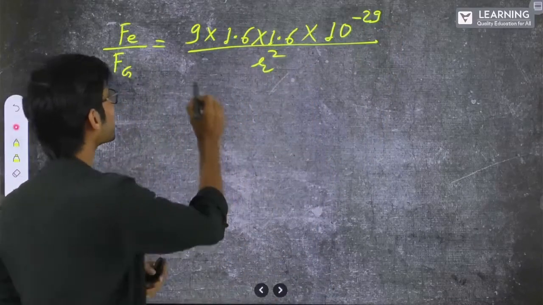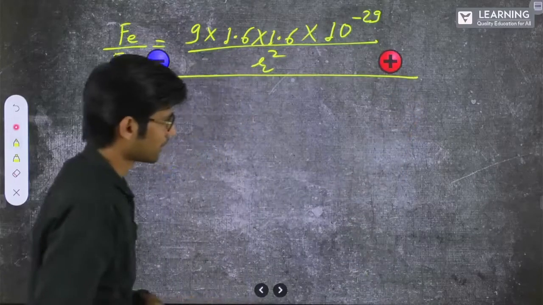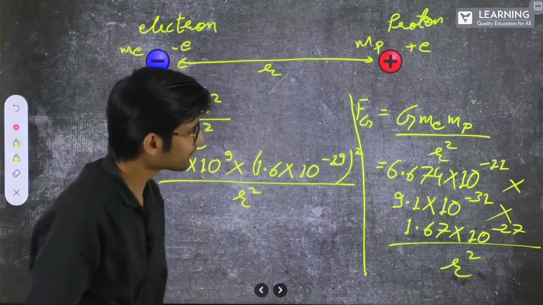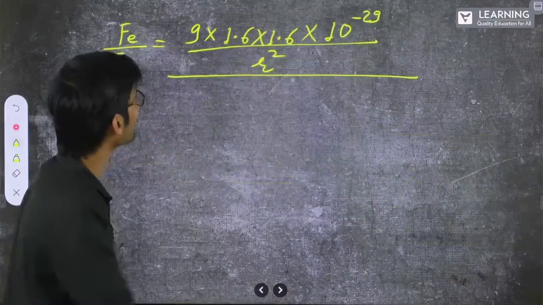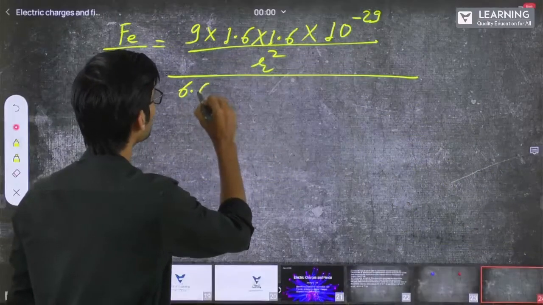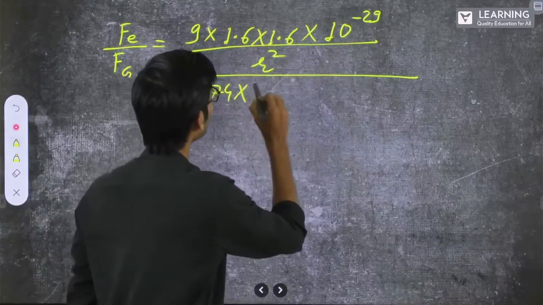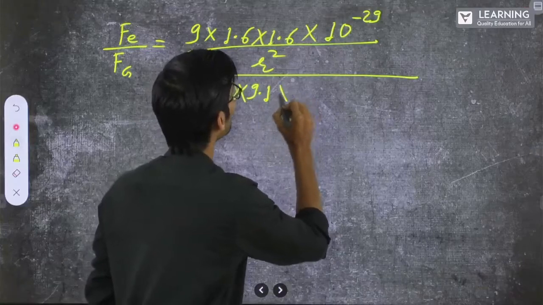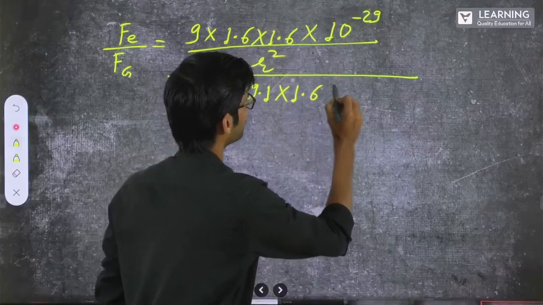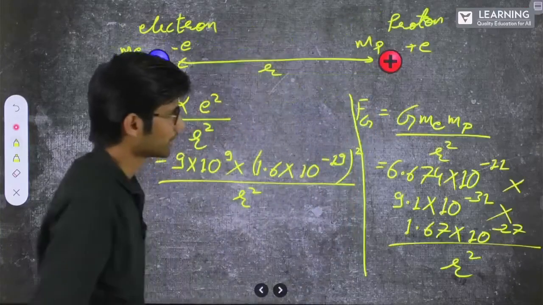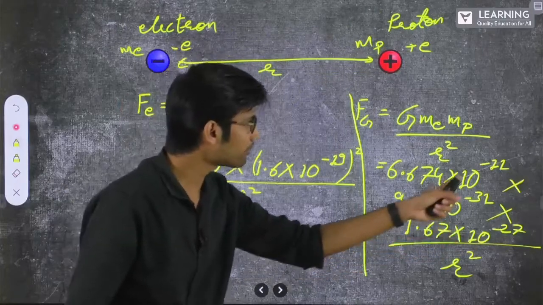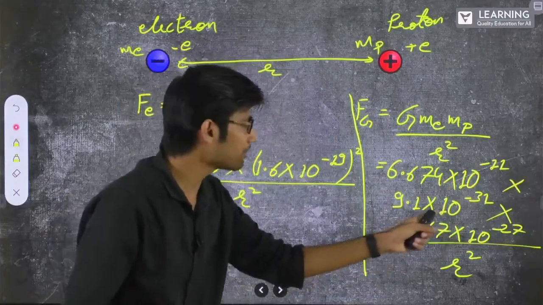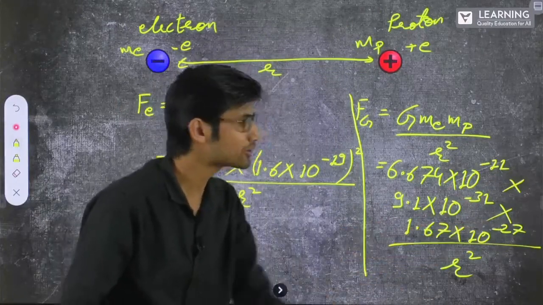Now what about the gravitational force? I can write this as 6.674 into 9.1 into 1.67, into the powers of 10: 10 power minus 11, 10 power minus 31, 10 power minus 27.